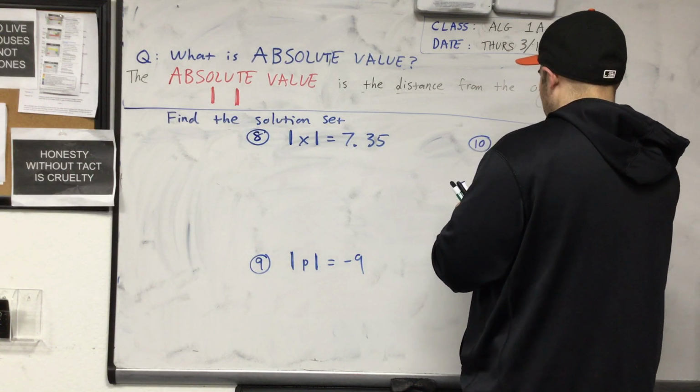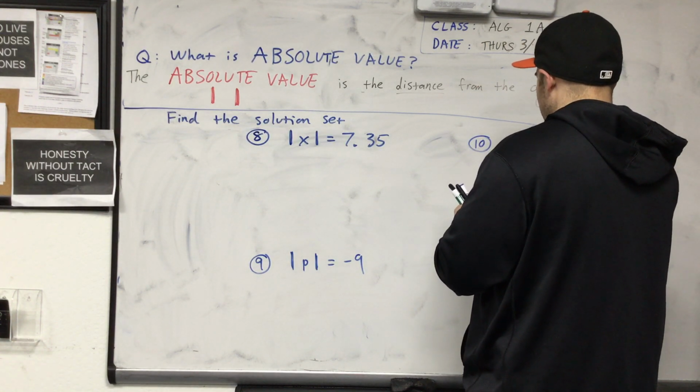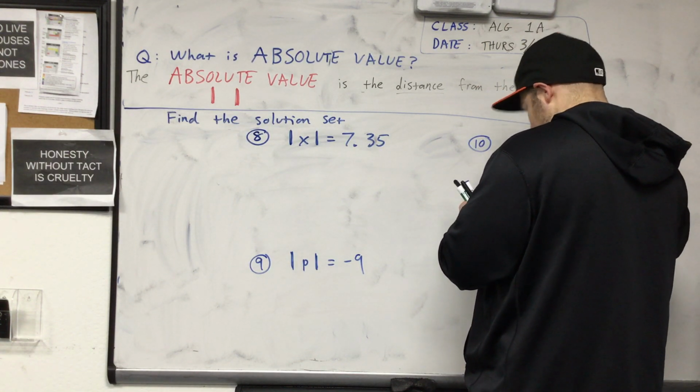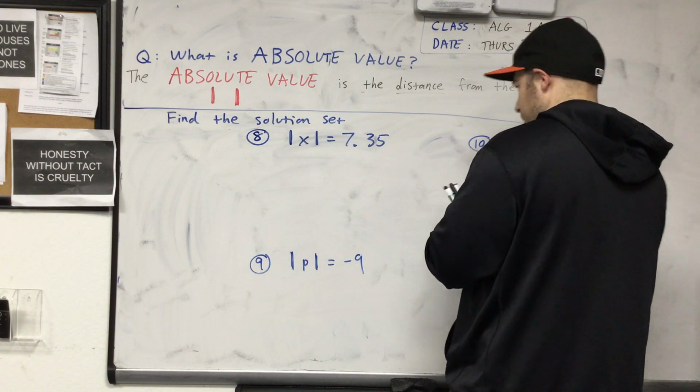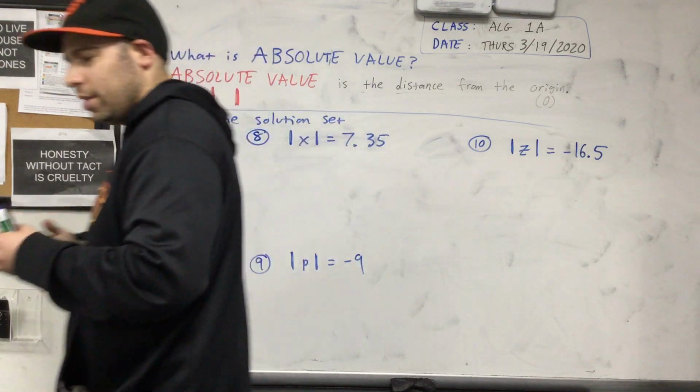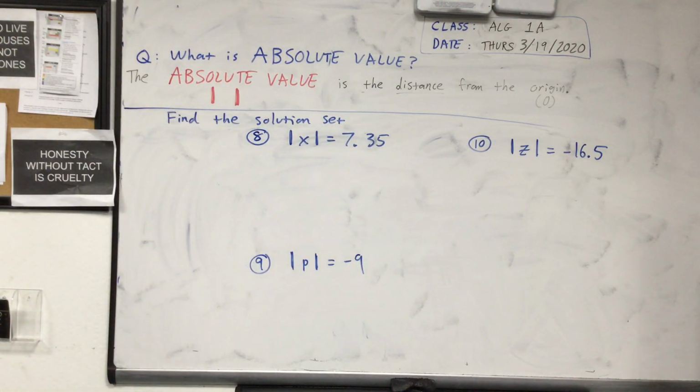And the absolute value of Z is -16.5. Okay, I'm going to let you guys do these independently, and then we'll call it a day. Okay, you can have the pause button at your disposal, because I'm coming up.